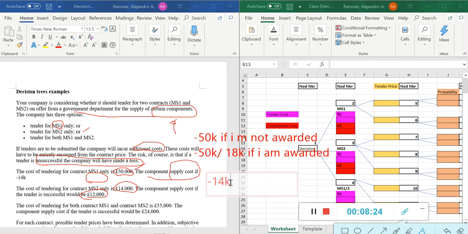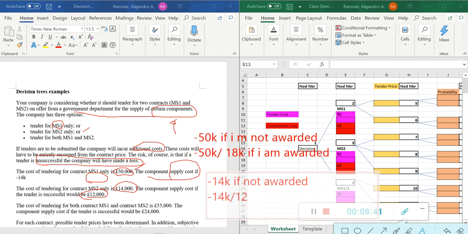Minus 14,000 if not awarded. And then if awarded, it's minus 14 for the application process, minus 12,000. Okay, so let's start to understand that a little bit, and we carry on to the third project.